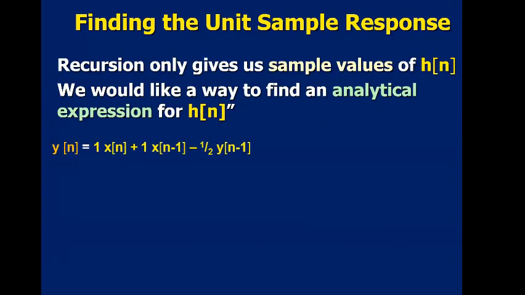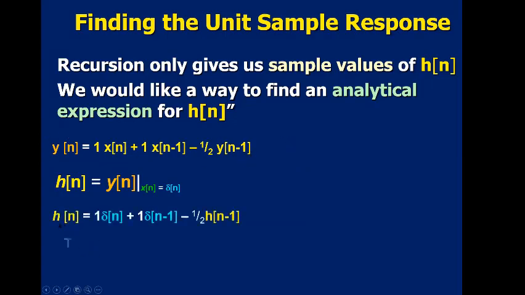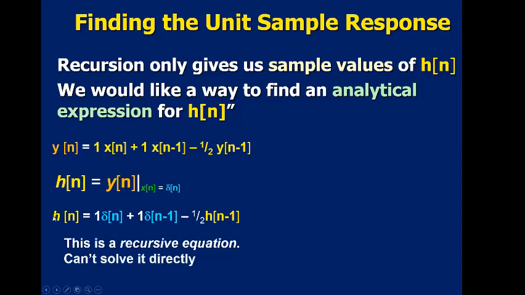Now, this is one place where, different from the FIR filters, where I have a very simple way to analytically get to my unit sample response. I just replace y of n with h of n and replace x of n with delta sub n. If I try to do that with a recursive difference equation, I get a description of the unit sample sequence that's dependent on itself.